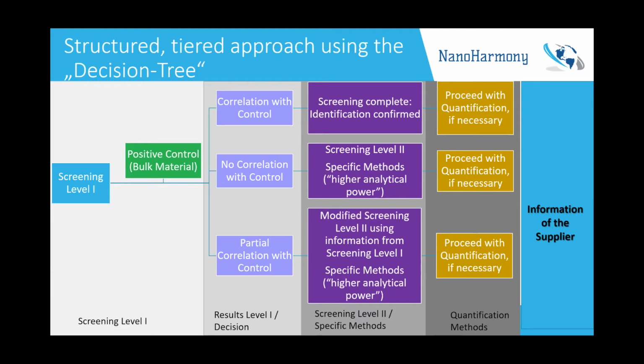In the discussion from the last couple of days, we expanded that decision tree approach with another tier, and that is this blue one at the right side, and that is the box for the supplier, because the supplier industry may have already information on the material.